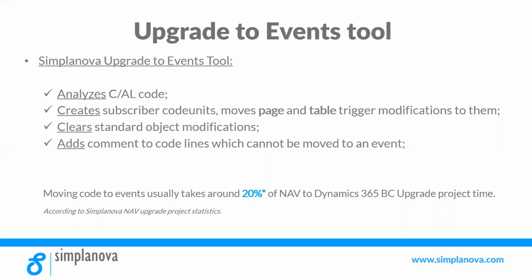And if you do the conversion, the tool creates subscribers code units, moves page and table trigger modifications to them. Then it also clears standard object modifications and adds comments to code lines which cannot be moved to an event, as a suggestion for you.